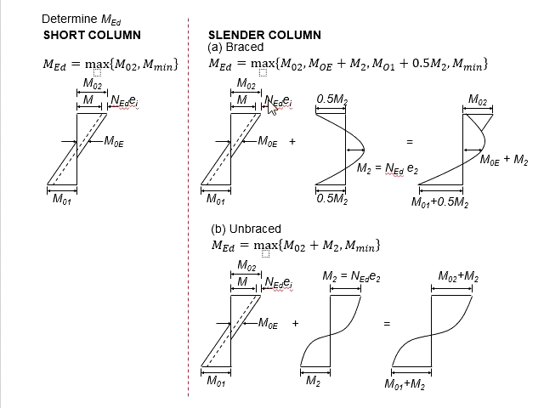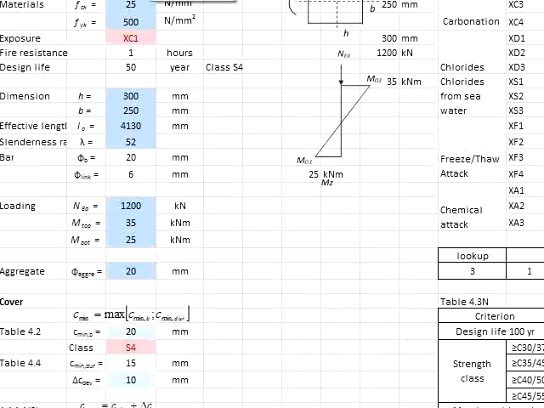M02 is determined as the summation of the M top or M bottom plus the moment generated by NED times EI. With the given M top and M bottom, you know that the M top is a larger value.